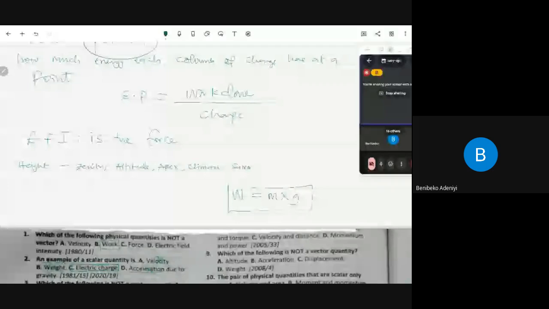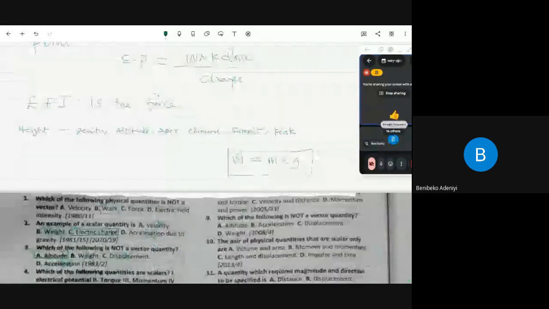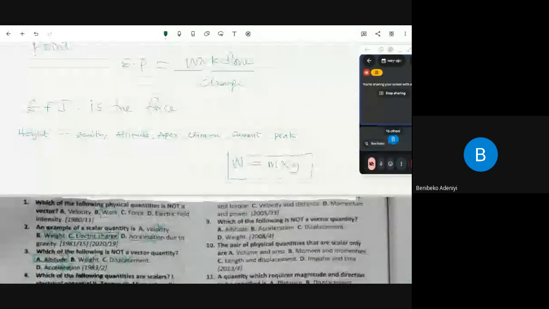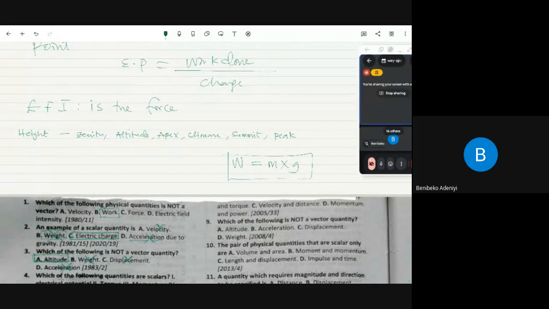Summit. Peak. One, two, three, four, five, six, seven. So all these are synonyms for height. Zenith, yes. Altitude, yes. Apex, yes. Climax, yes. Summit, yes. Peak, yes.